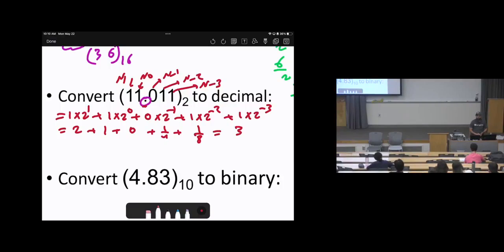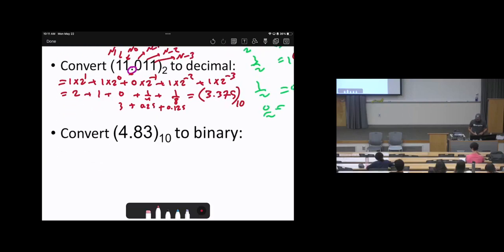Now 3 over 8, how much will it be? 1 over 4 is 0.25. 1 over 8 is 0.125. And here is 3. Then it's going to be 3.375. Is this right? 1 over 4, 0.25. 1 over 8, 0.125. Then 3. Yes, that's it. Clear?